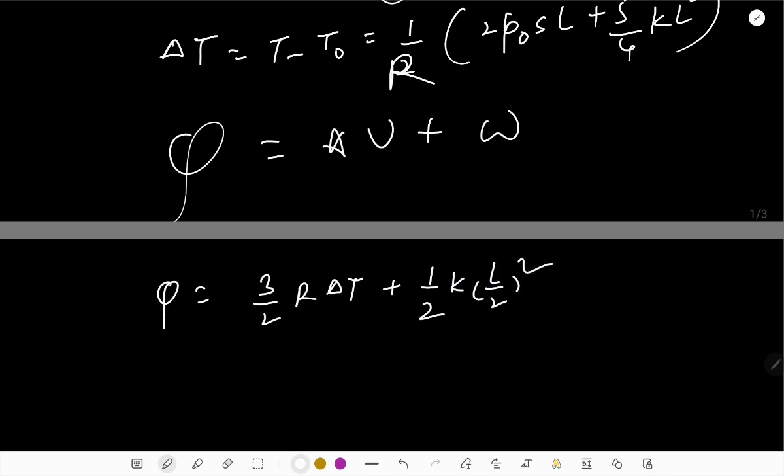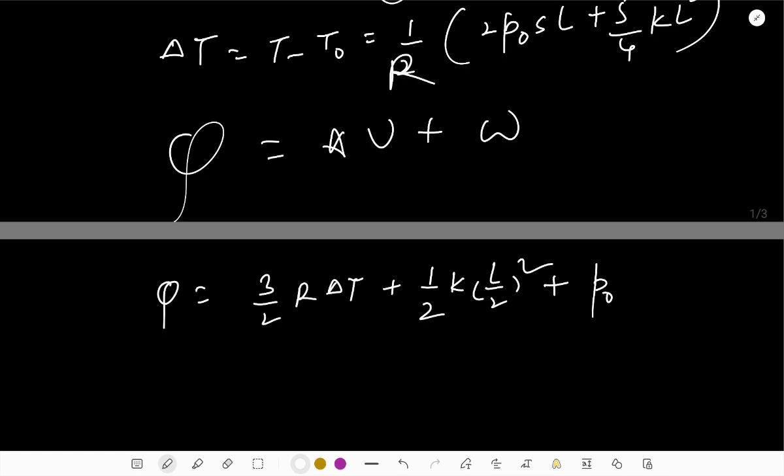L by 2 was the increased length, half kx square is the deformation energy in the spring. The inside pressure force did work against the outside pressure force, that is the atmosphere. The atmospheric pressure must be constant. The work done by the pressure force is positive because the volume has increased.